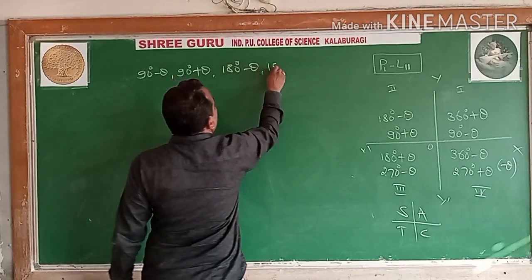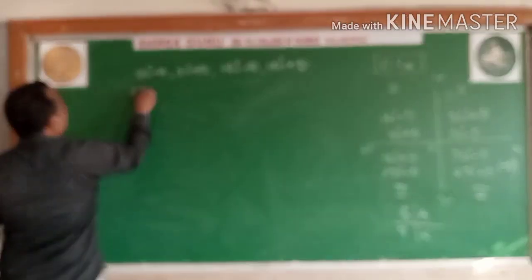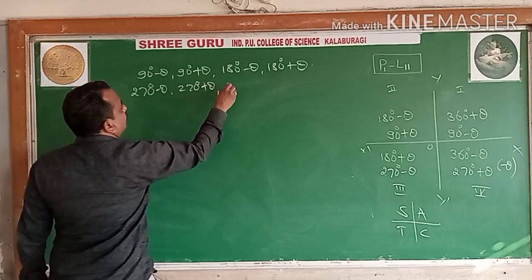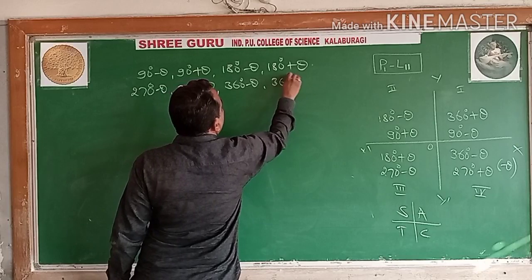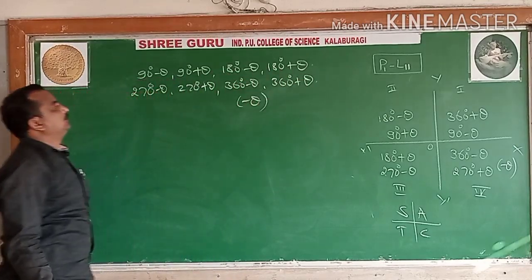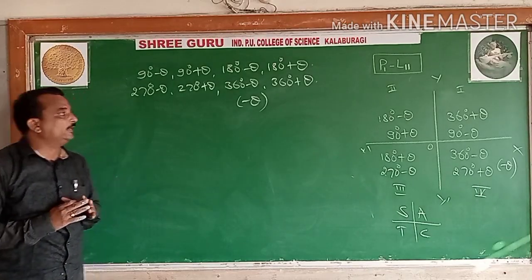We have studied all these allied angles, these 9 allied angles, and this minus theta. Let us see how to remember them.